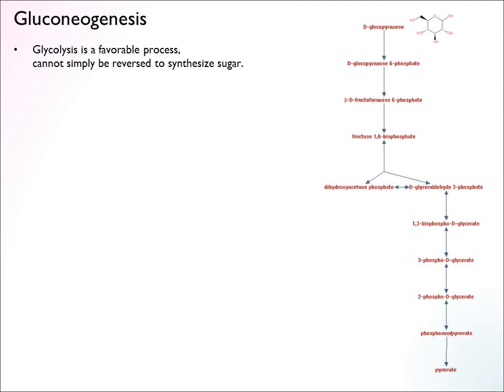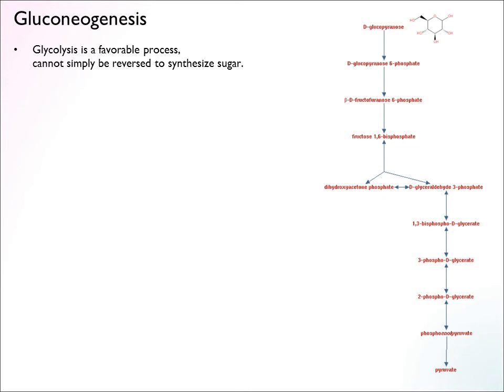And once you have oxaloacetate, you need another step. This is what is known as a carboxykinase. This is a clever enzyme that takes away this carbon dioxide group again, which is a favorable process, and also puts in a bit of extra energy in terms of a GTP that is hydrolyzed, so that you get a large energy push and are able to recreate this energy-rich compound, phosphoenol pyruvate.